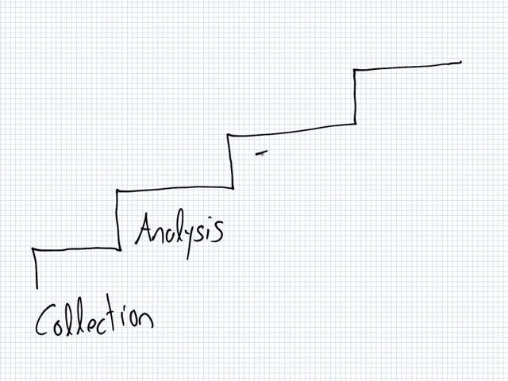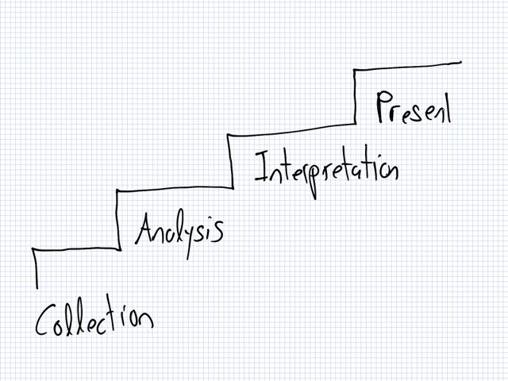Second stage is called analysis. Next stage is called interpretation. And the last stage is called presentation. So I'll explain these 4 stages now. Some I think you might know. For example, the first stage, collection. What do you think happens there?